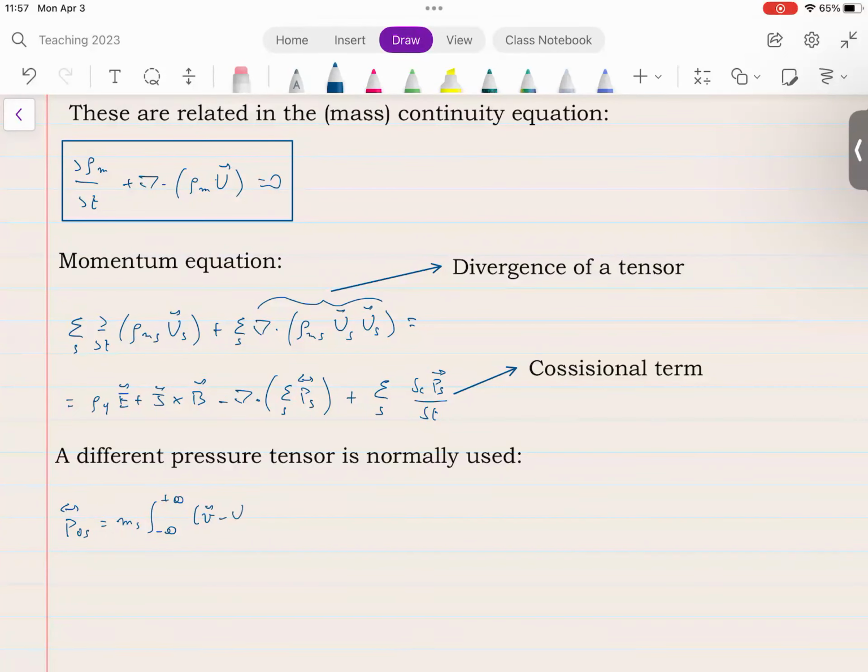Lowercase v is the particle velocity, u is the velocity of the fluid, and f is the distribution function, and I'm going to integrate over all velocities.